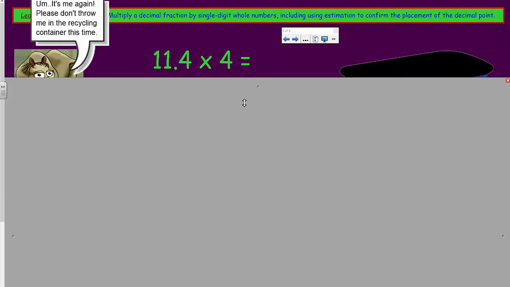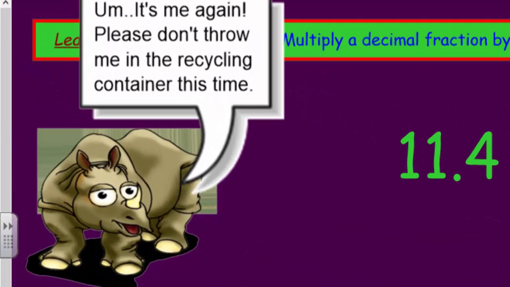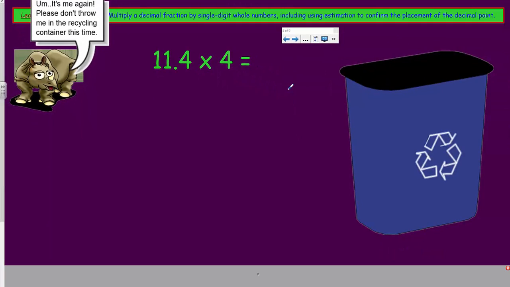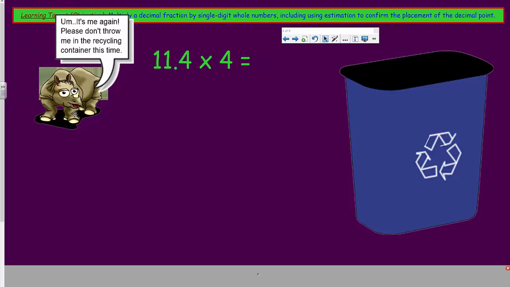Ooh, it's another hidden page. You know what that? Oh, that rhino. Telling me that rhino better not be here. No! Oh yeah, huh? Me again? Please don't throw me in the recycling container this time. I didn't throw you in the recycling container. I merely placed you carefully in the recycling center. Okay, you know what? I'm sorry, pal. See, now you're kind of getting on Mr. War's nerves here. It's time for you. No! Hey, easy, buddy.